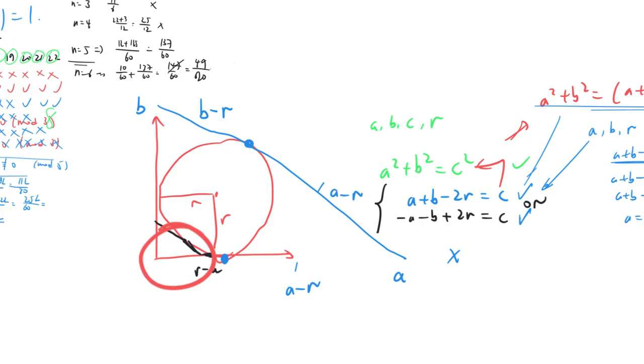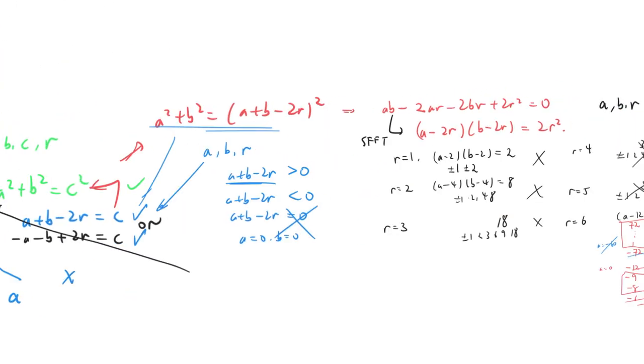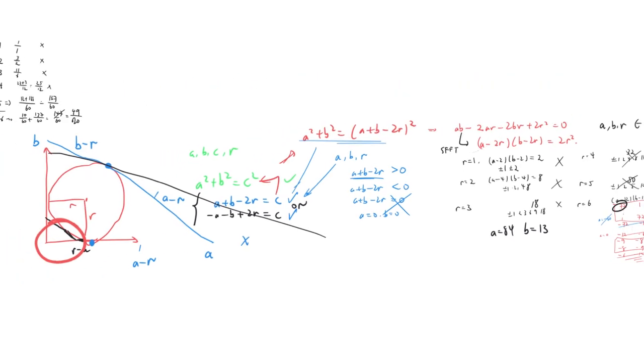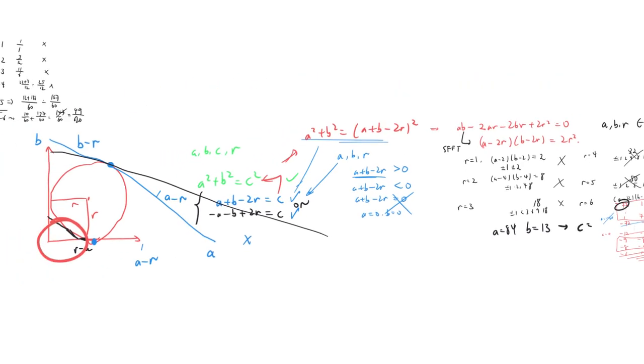And something very nice is that usually the one with one extreme is the one with the longer hypotenuse. So if we look for the largest a or b, it is obviously with the 72 scenario. So a equals 84, b equals 13. This would be the extreme long, and this would give c equals 85.